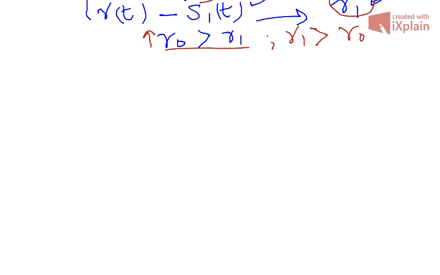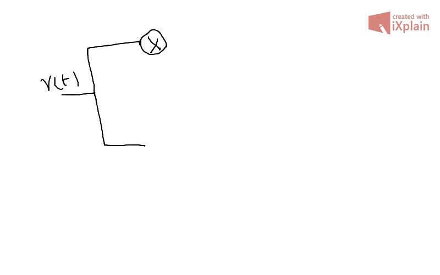At a block level, we have a received signal r of t, and because we want the correlation, we would like to multiply S0 of t with our received signal, right?